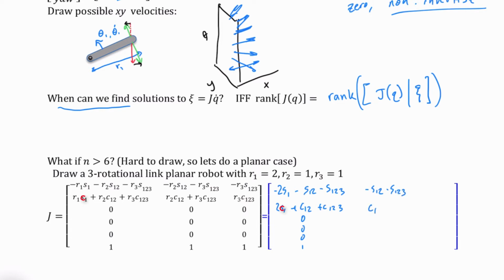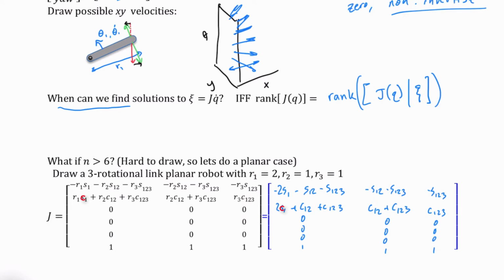We've got cosine 1 plus 2 plus the cosine of all 3 angles. Then 0, 0, 0, 1. My final one just has the 1 entry in it. So it's got negative sine of the summation of 1, 2, and 3, and the cosine of the summation of 1, 2, and 3, 0, 0, 0, 1. And so this is my Jacobian.